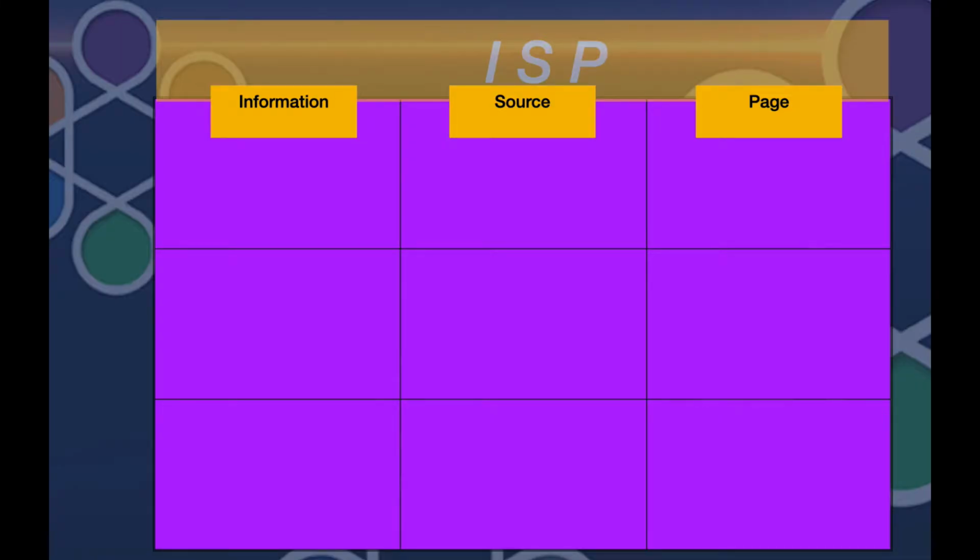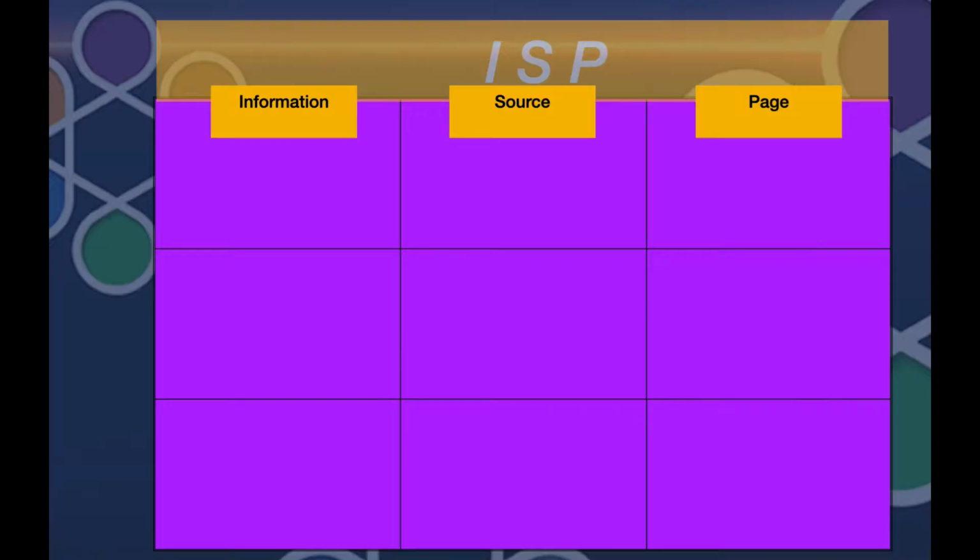In the first column, you will write down points that you consider to be important. In the second column, you will write down the source or sources you obtained that information from, like books, internet, blog, Twitter, articles, etc. And in the third column, write down the exact location.